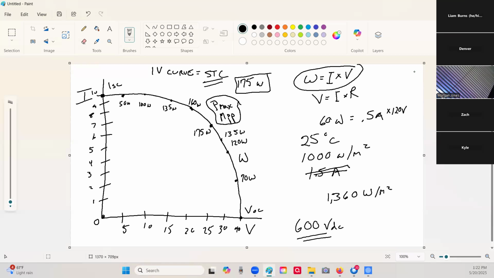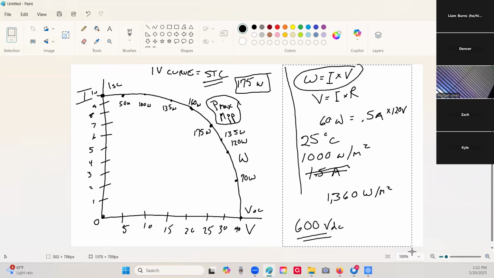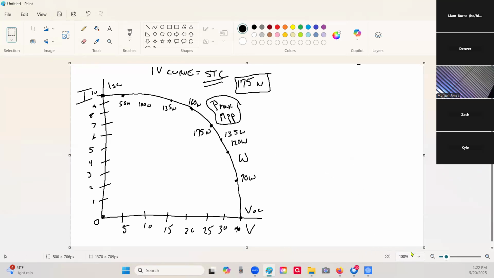Well, how do we know that it's going to operate at the maximum power point? Well, there is a little electronic device inside the systems, and it's referred to as the MPPT.